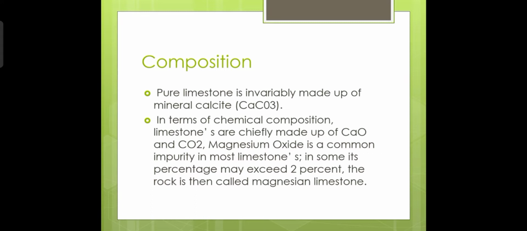Magnesium oxide is a common impurity in most limestone. In some, its percentage may exceed 2%. The rock is then called magnesian limestone.